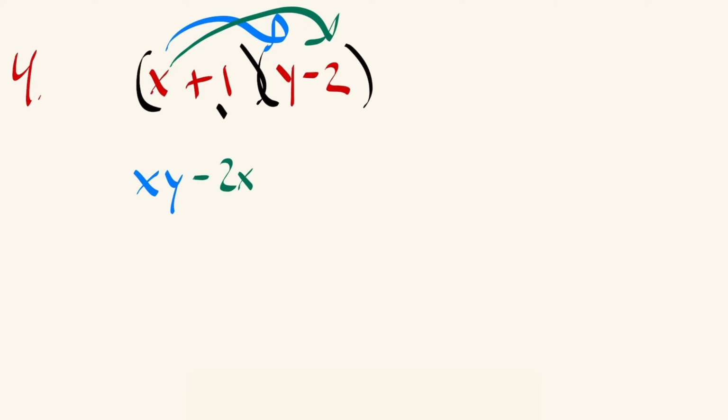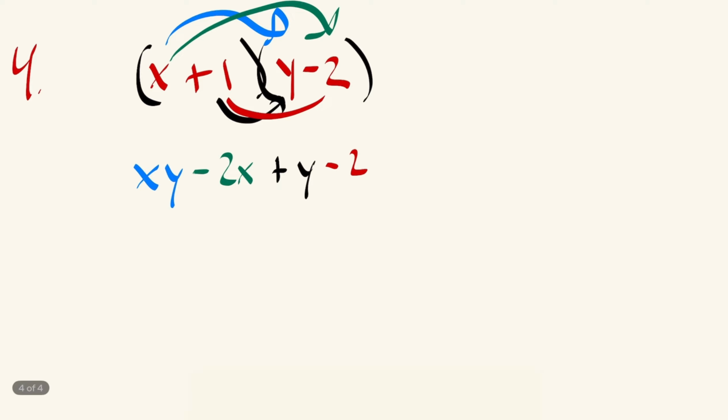Then minus 1, plus 1 times y, which is just y simply, as there's an imaginary 1, but you shouldn't be bothered to write it, as it's obvious. And lastly, 1 times minus 2, which is minus 2.